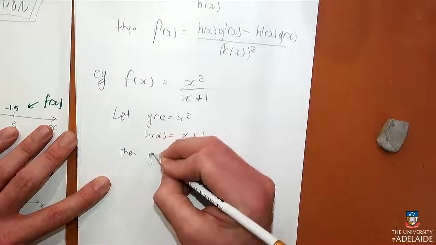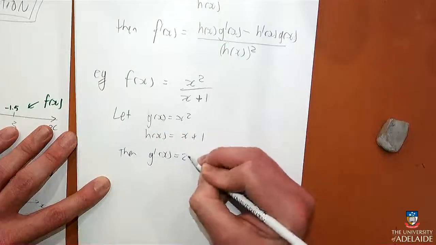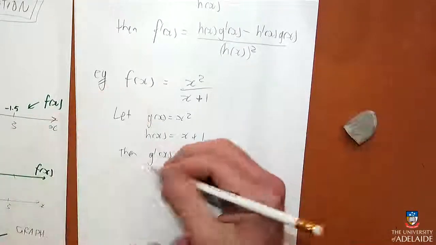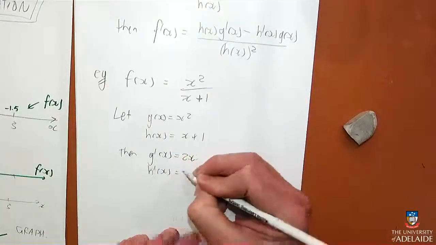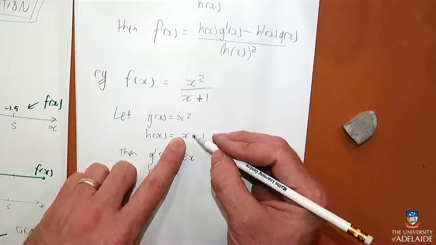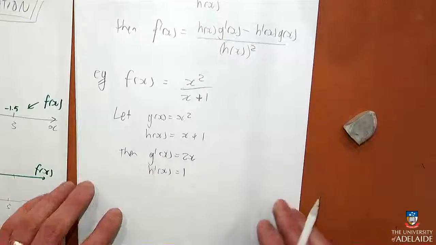And then g dashed x is 2x and h dashed x is, well, x plus 1, the derivative of x is just the number next to x, and the number is really a 1. Okay?